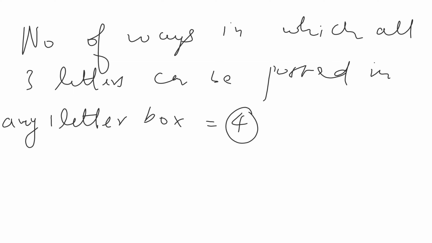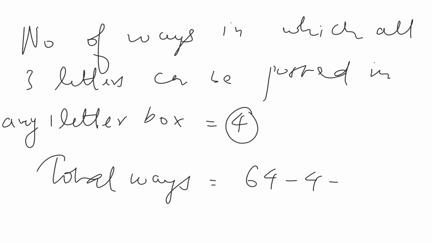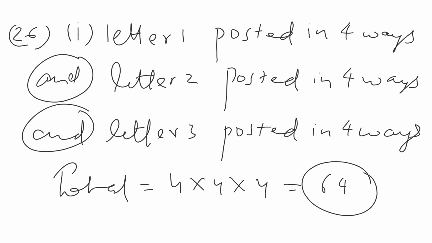So for the second part, the total number of ways will be 64 minus 4. Why 64 minus 4? Because 64 are the number of ways in which there is no restriction. We can put any number of letters in any number of letter boxes. So this does not have any condition.